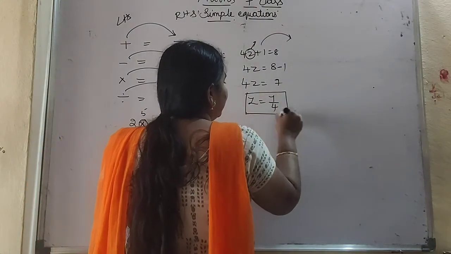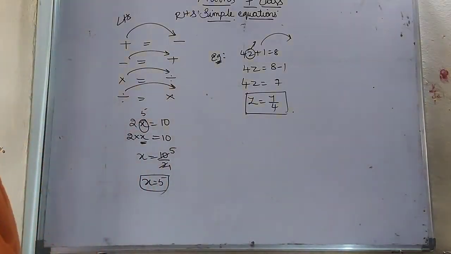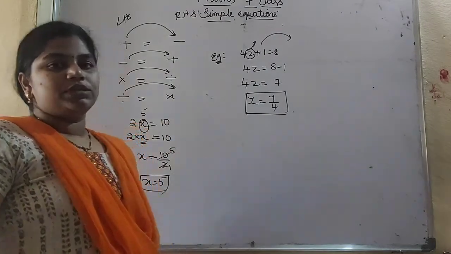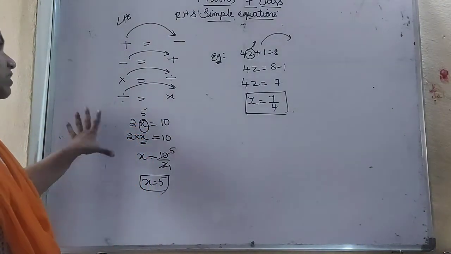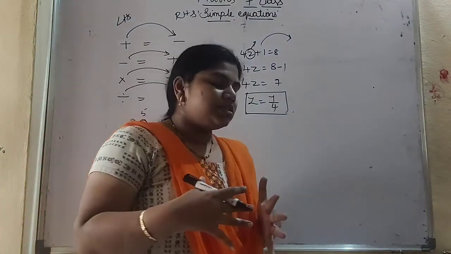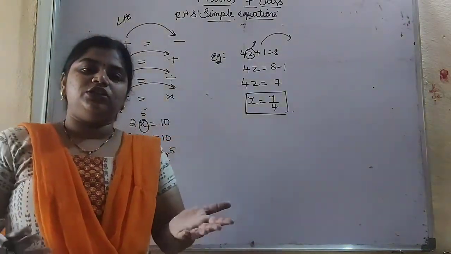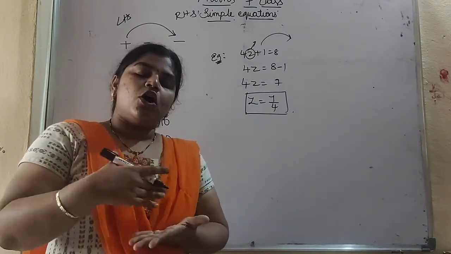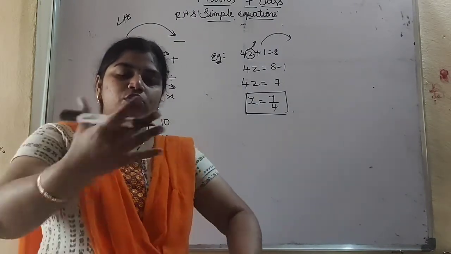So what is the z value here? 7 by 4. If you substitute 7 by 4 in place of z, the result will be equal to 8. So this is our transposing method. Transposing is nothing but changing the signs from one side to the other side, from the LHS part to the RHS part, or from the RHS part to the LHS part.